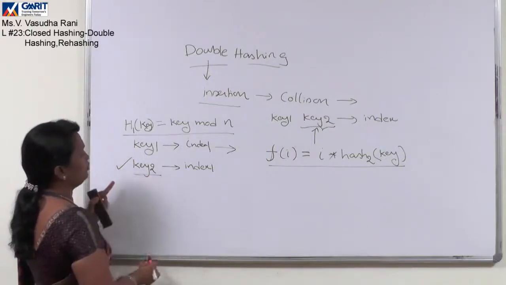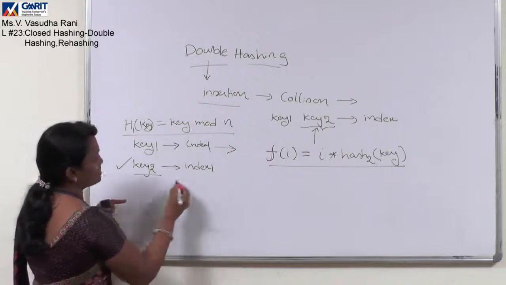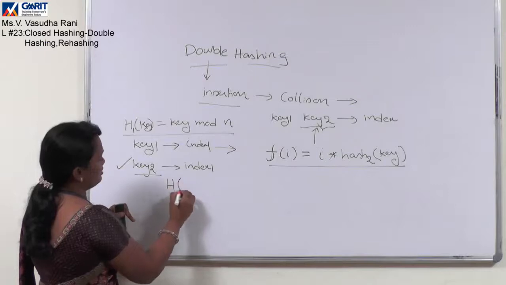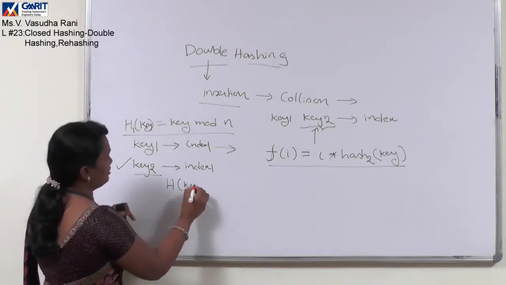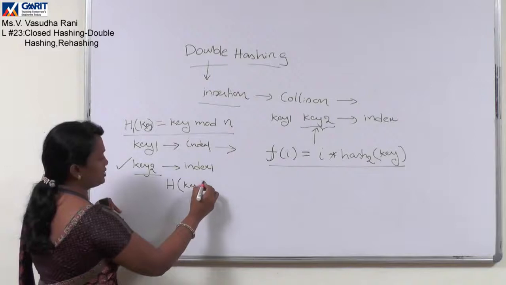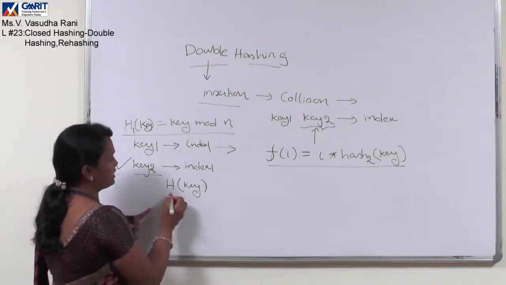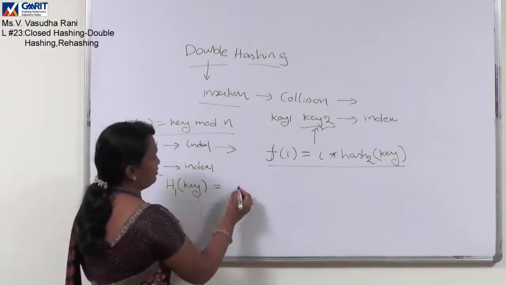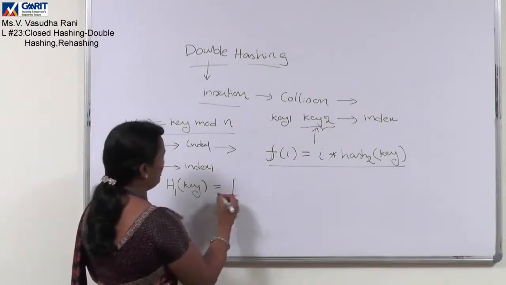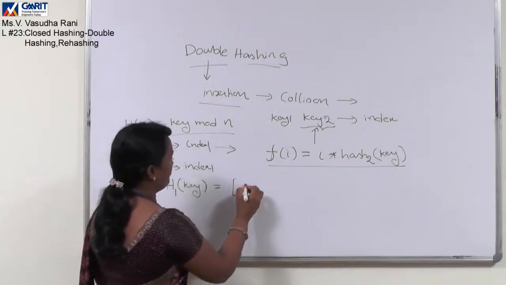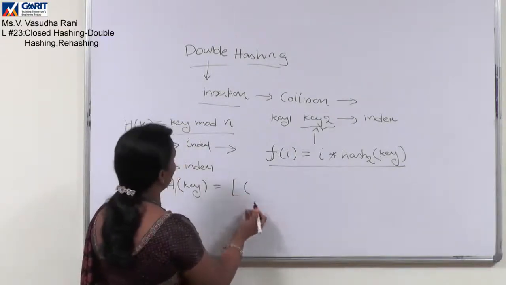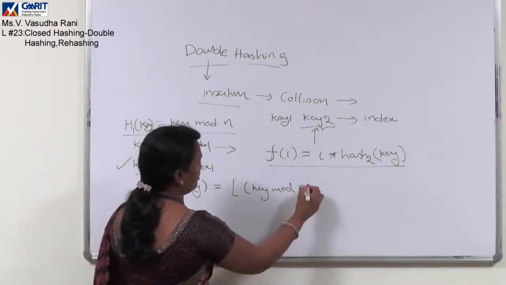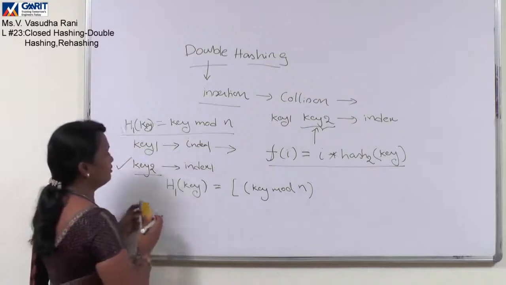So for this key 2, in the presence of a collision, h1 of key is defined as your normal function, key mod n.